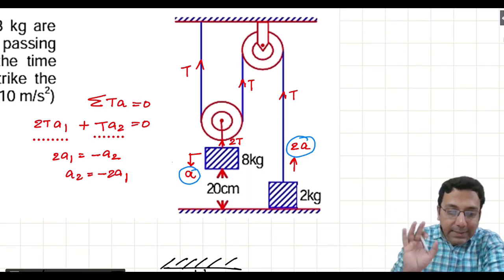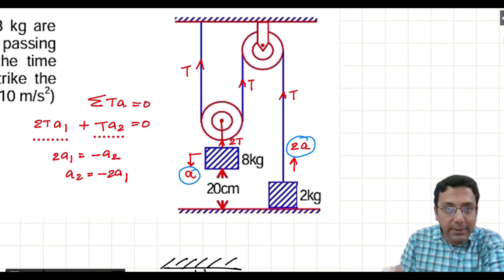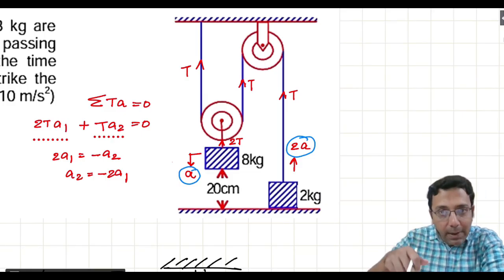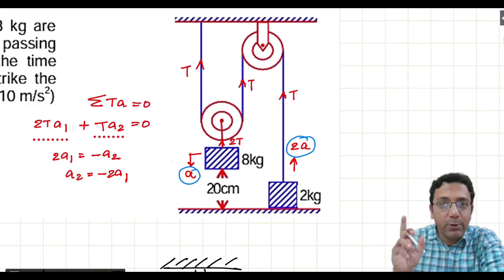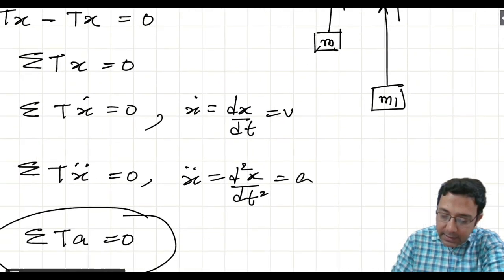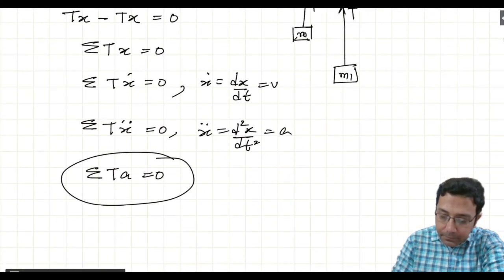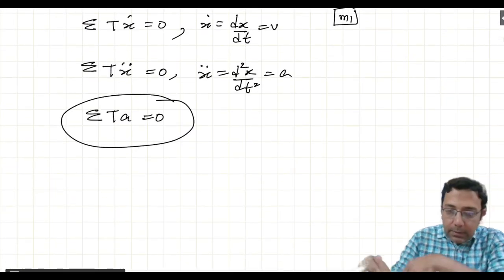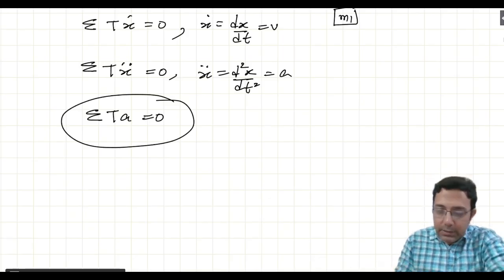Once that is known to us, I hope it is clear. 8 kg is going down by A, 2 kg is going up by 2A. So if this system is clear, then we can apply these things further. Let me just write it down once.